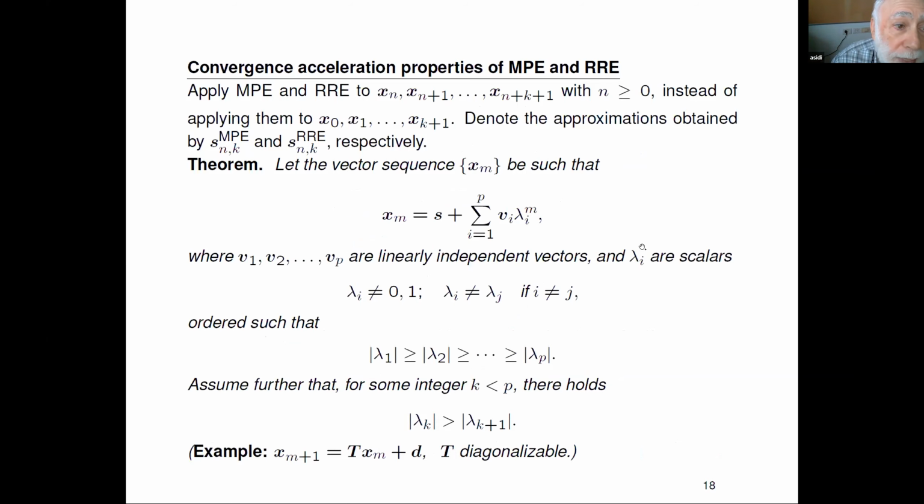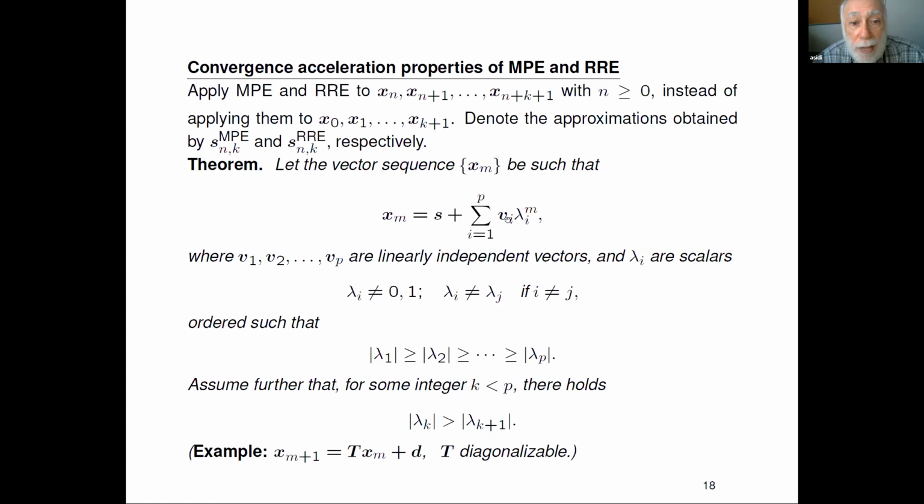We call the approximation S sub n,k instead of S sub k. We're asking what happens as n goes to infinity. I have an infinite sequence, and the extrapolation methods operate as a window. You start with n up to n plus k plus 1, and then you move this to n plus 1 up to n plus k plus 2, then n plus 2, etc.